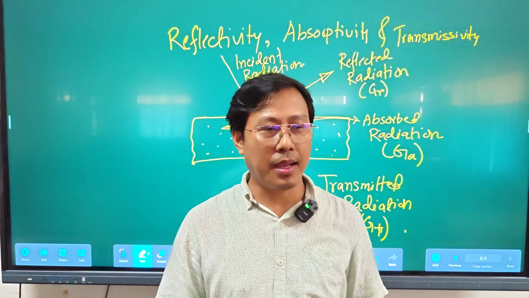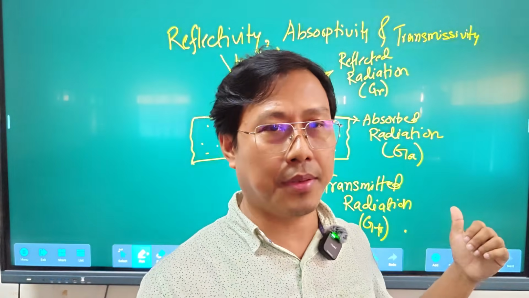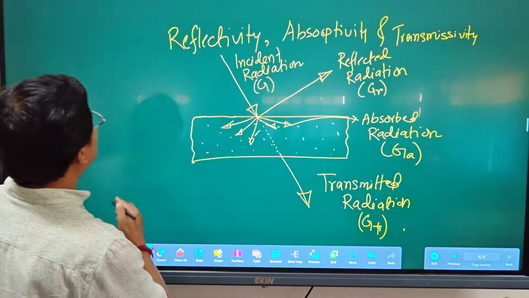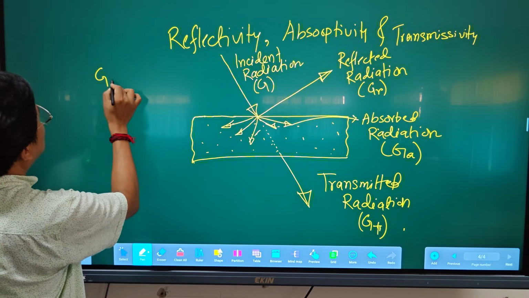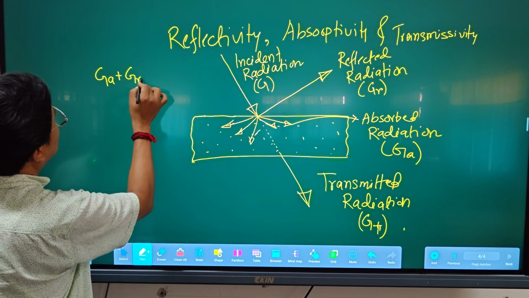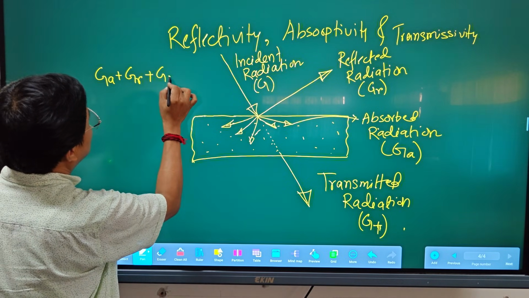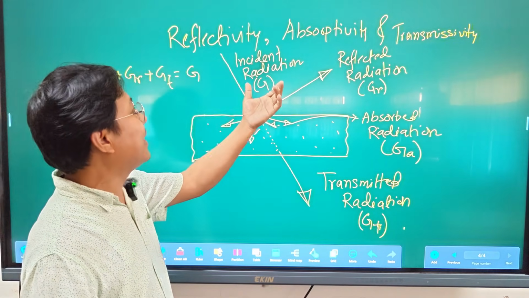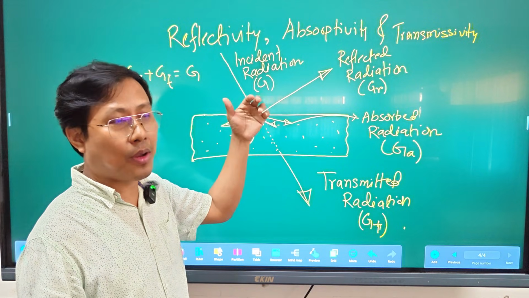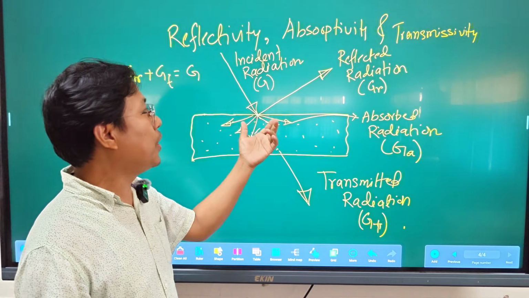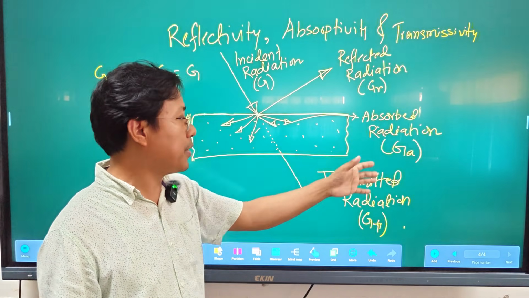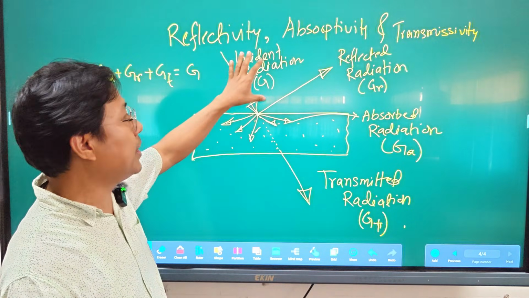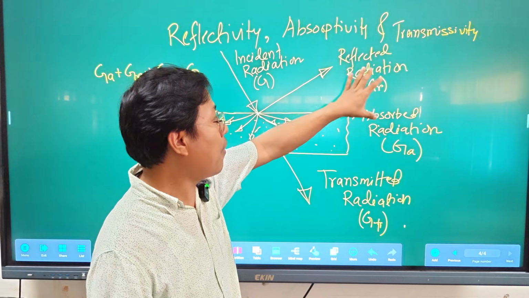Now we will apply the energy conservation principle in this case. By applying the conservation of energy, we have GA plus GR plus GT equals G. That means whatever incident radiation, which is also called irradiation, G, is divided into three parts, and this radiation energy is equal to the sum of all these three.